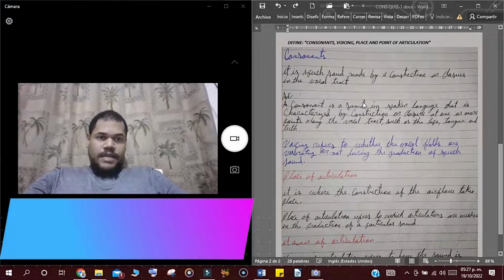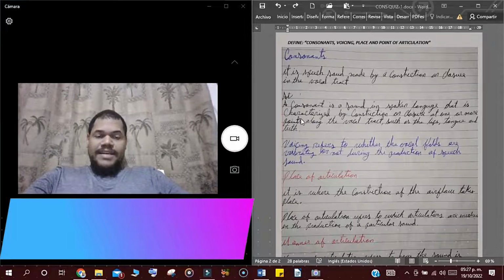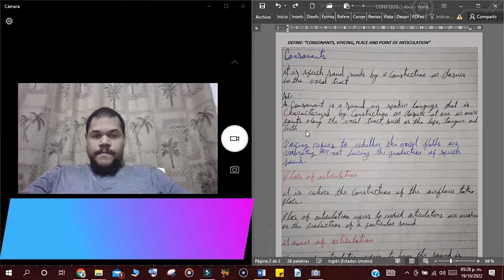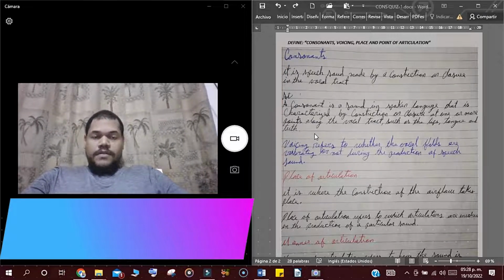A consonant is a sound in spoken language that is characterized by constriction or closure at one or more points along the vocal tract, such as the lips, tongue, and teeth. So a consonant is every letter or every graph that is not a vowel.